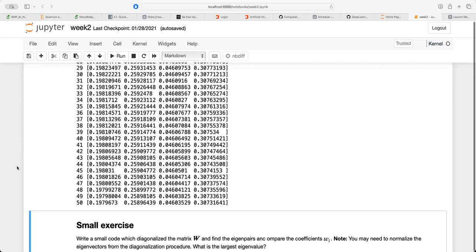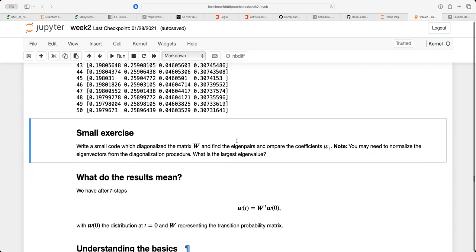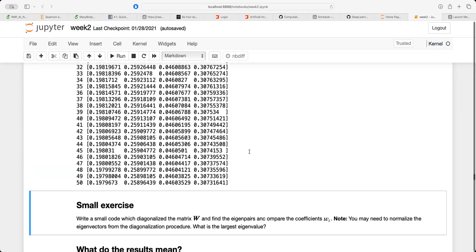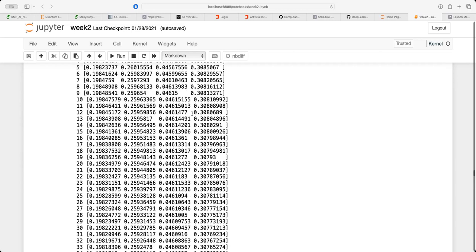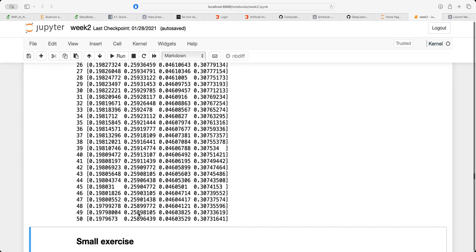Just a small exercise, if you want to: you could take that code, and when you compare the eigenvalues with what you get here, you will not get the same eigenvalue simply because an eigenvalue solver like this one, when we use that lin-eig, doesn't normalize the eigenvectors. So you would need to normalize the eigenvectors if you want to compare what you get from the iterative procedure here with what the eigenvalue solver gives you.